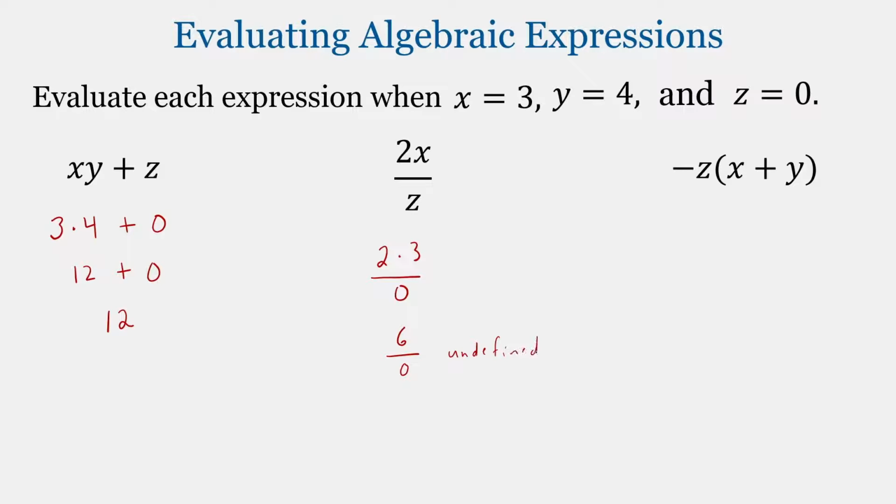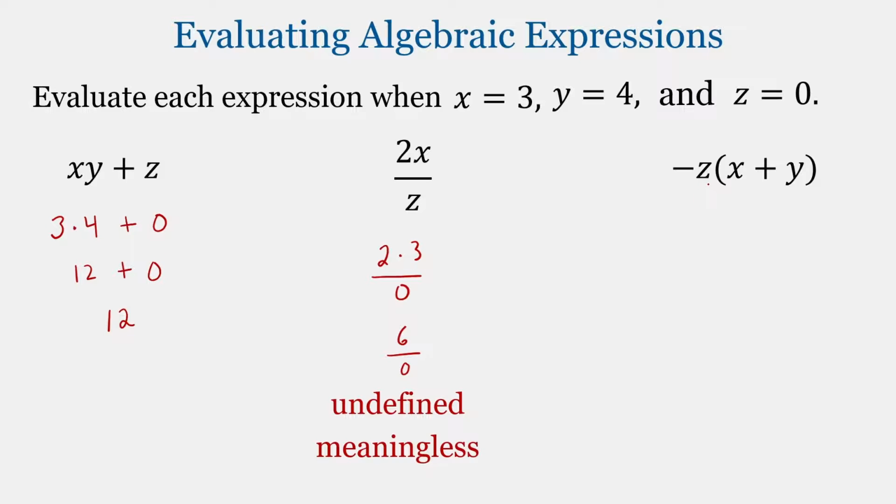Or we could say it's meaningless because we have division by 0. So for this particular expression, it has no value when z is equal to 0. It's undefined at that value.